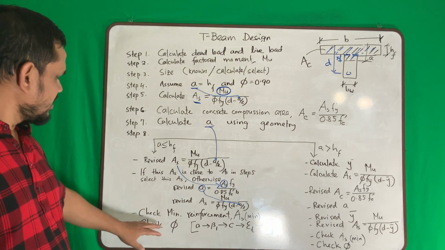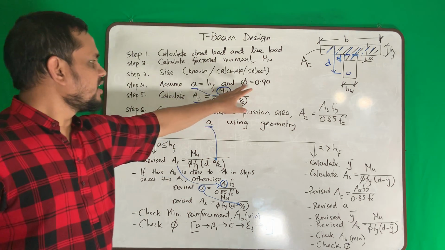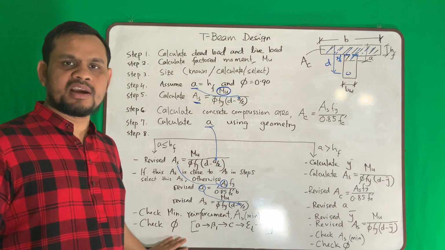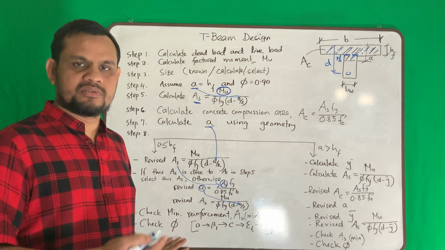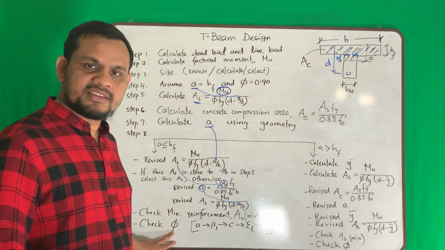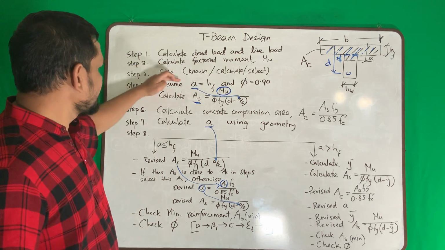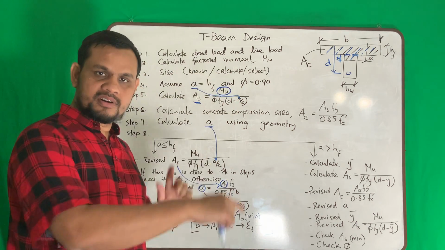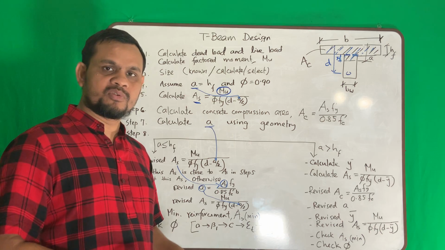Now one question is, if your phi is 0.9, the problem is solved. If your phi is not 0.9, if it is less, then what to do? Then simple, if your phi is less, you have to start from here again, do this portion, trial and error, you have to go back.